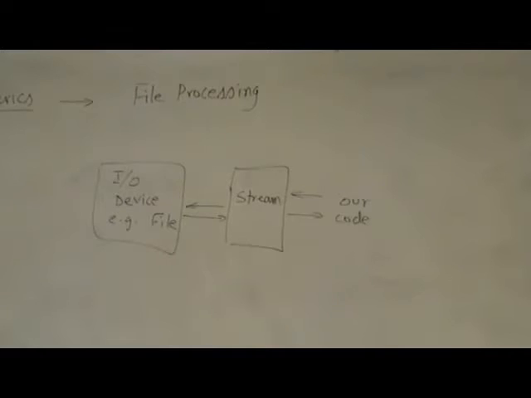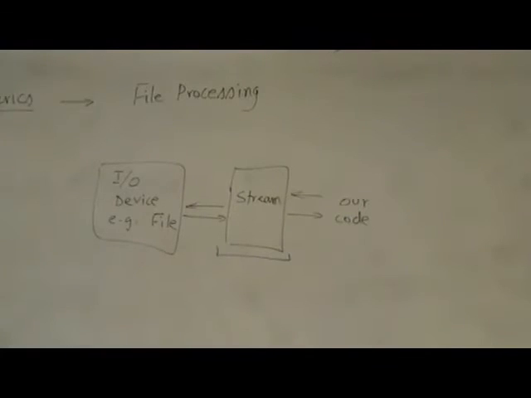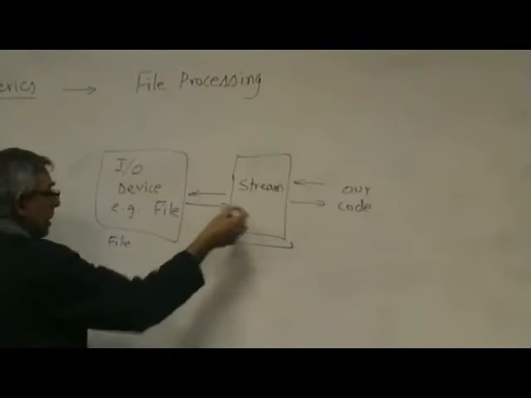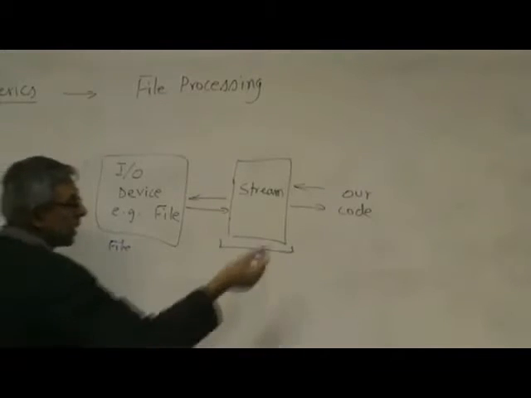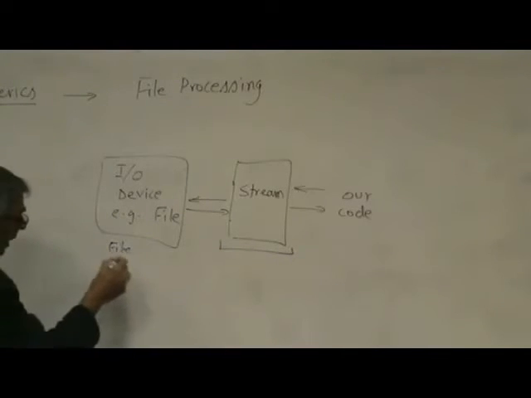The biggest benefit of putting one more level here is that it makes our code independent of what the actual medium is. For example, if it's a file, as long as we have a stream associated with it, since our code is only dealing with the stream, it will work correctly.